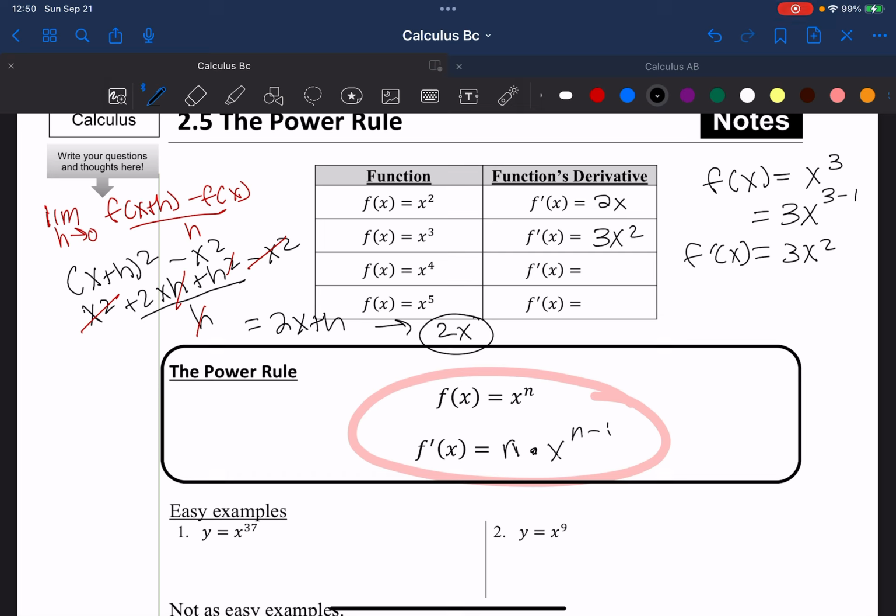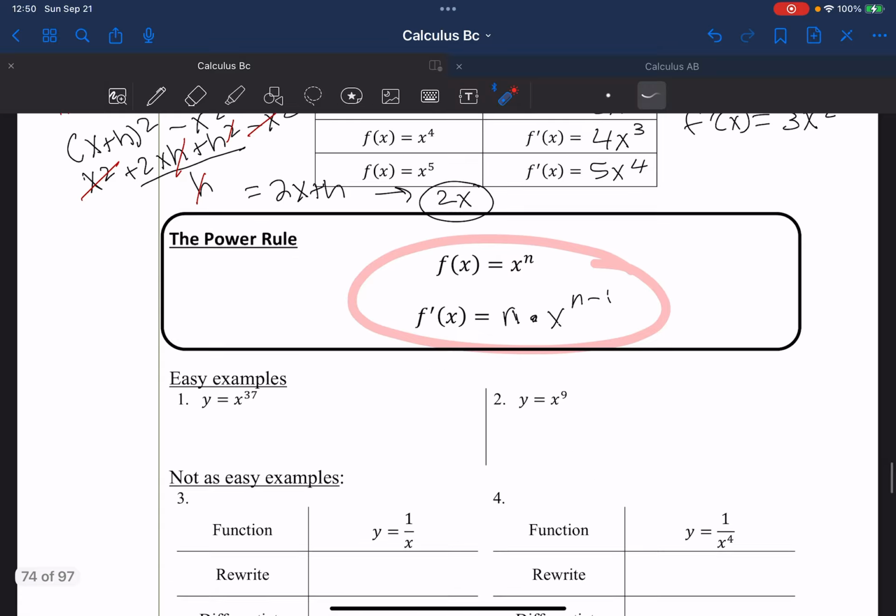You would do the same to each of them. Bring down the 4 and subtract 1, so this is 4x cubed. Bring down the 5 and subtract 1: 5x to the 4th. It even is true for this one that we did the definition for. Bring down 2, subtract 1. That's 2x to the first power, or in other words, just 2x.